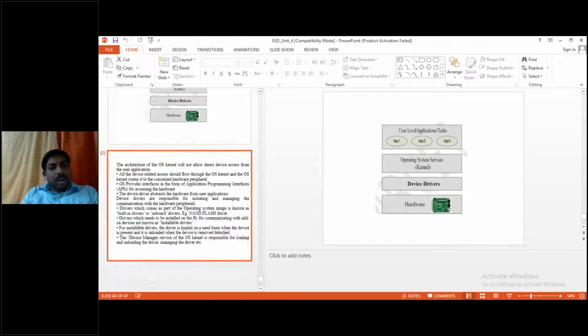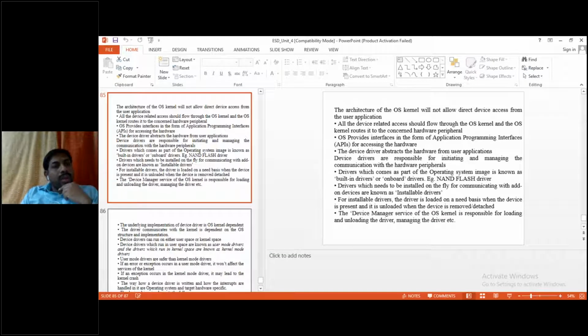The architecture of the OS kernel will not allow direct device access from the user application. All device related access should flow through the OS kernel, and the OS kernel routes it to the concerned hardware.